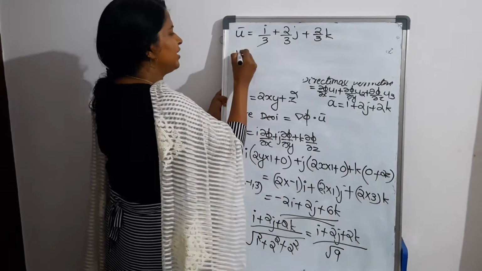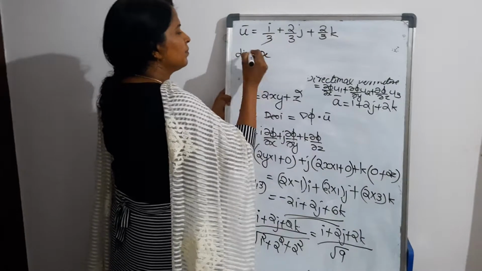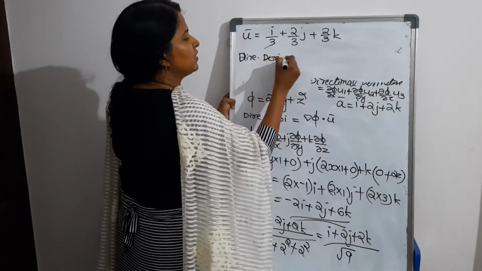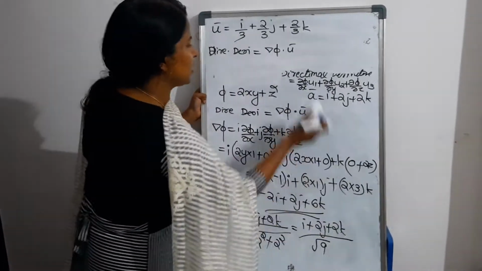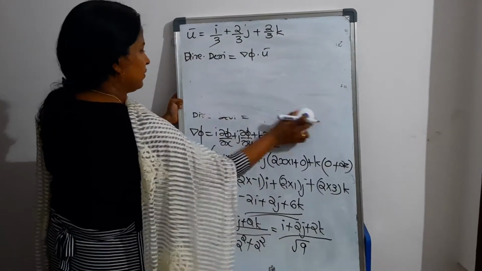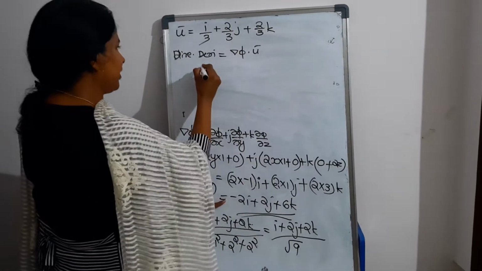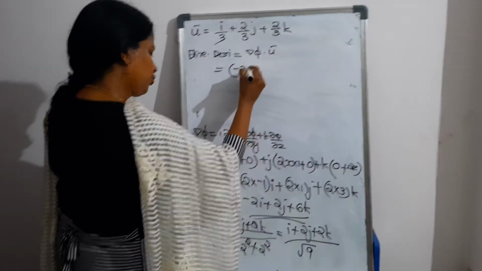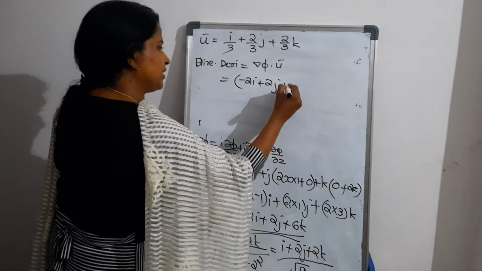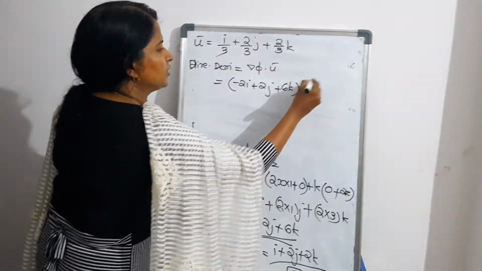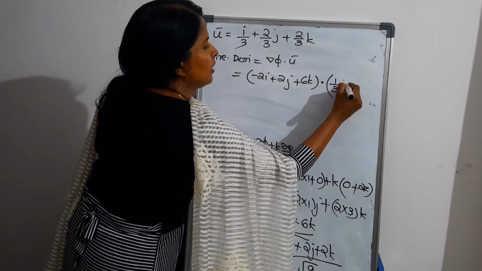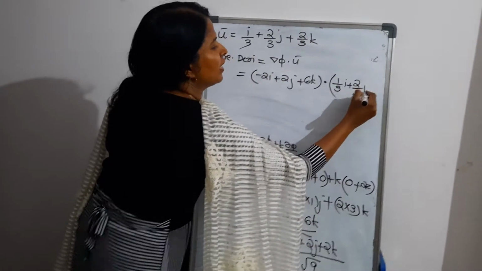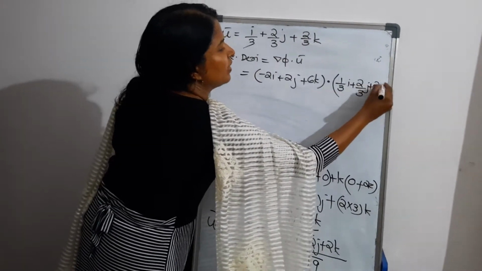Then the directional derivative is equal to del phi dot u cap. Del phi is equal to -2i plus 2j plus 6k, dot this unit vector u, 1 by 3 i plus 2 by 3 j plus 2 by 3 k.